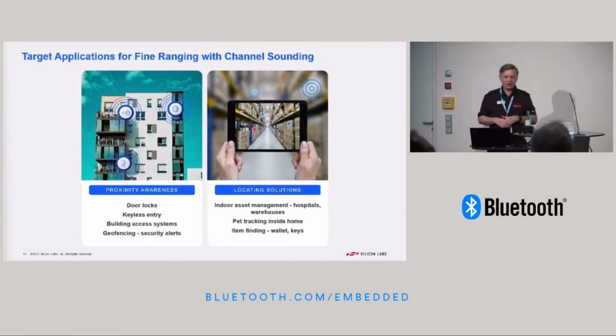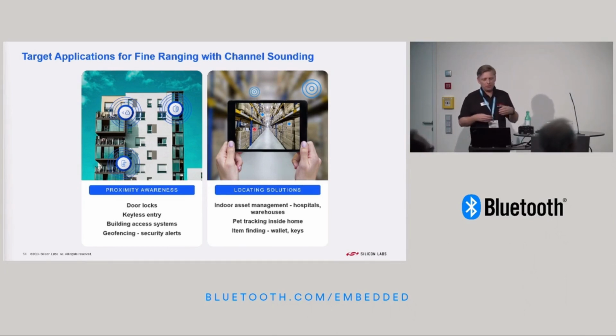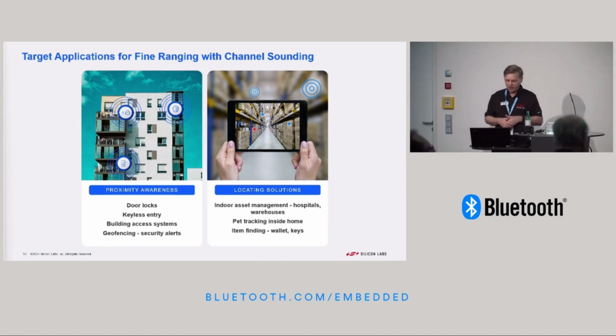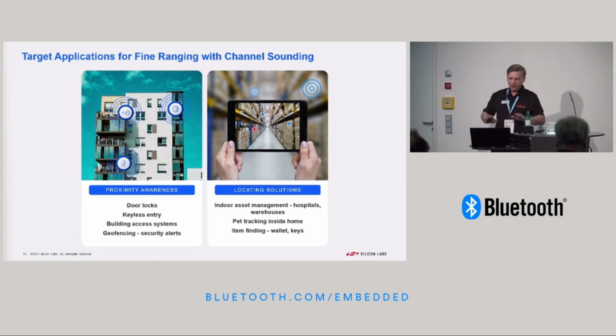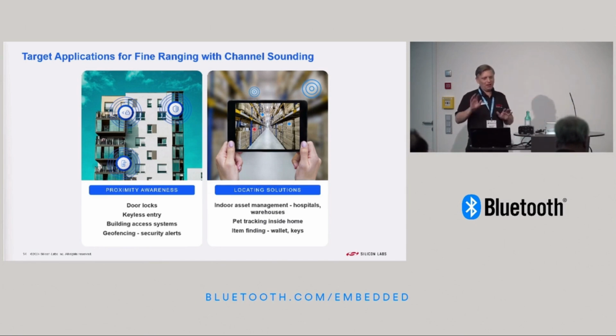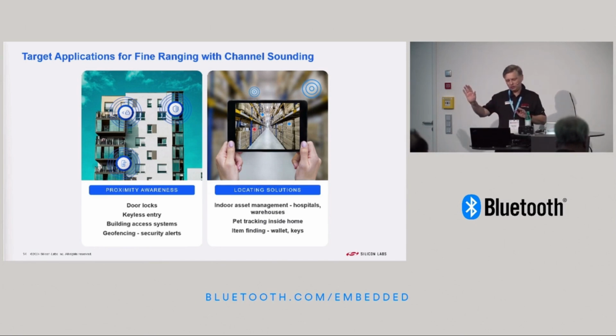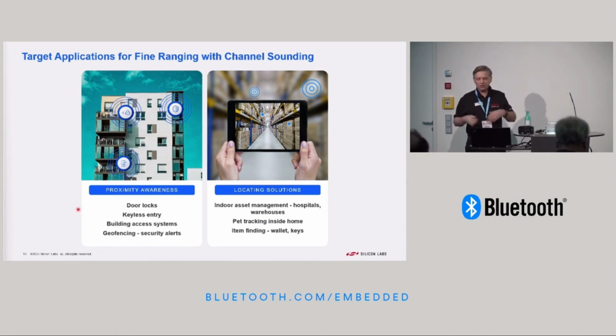Okay, so in the second half of this presentation, I wanted to dig into a couple of the use cases that we'll be seeing as channel sounding gets ratified. One way I think to break down these use cases broadly is between proximity awareness and locating solutions. On the left-hand side of the screen, looking at proximity awareness, that includes both IoT and automotive use cases.